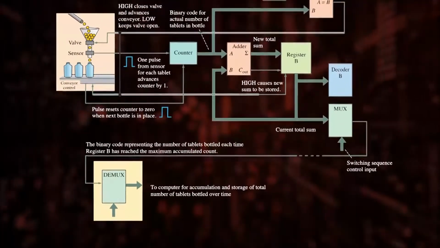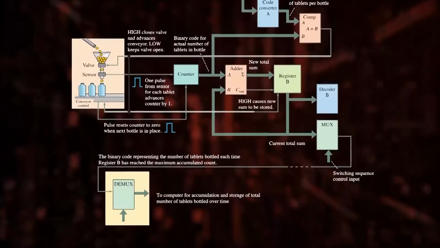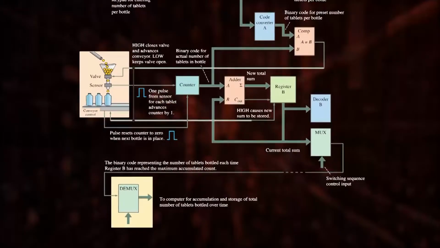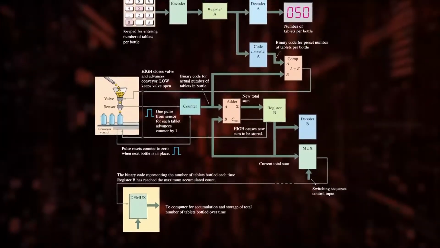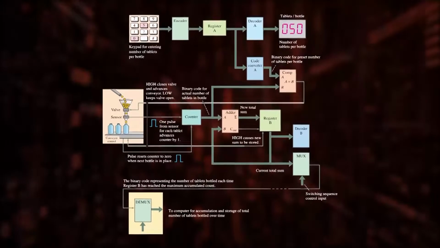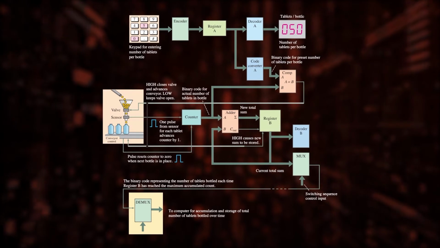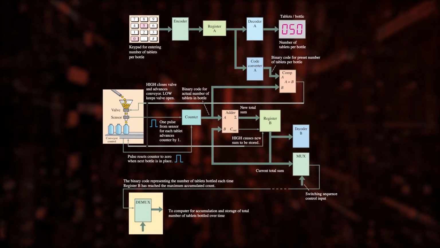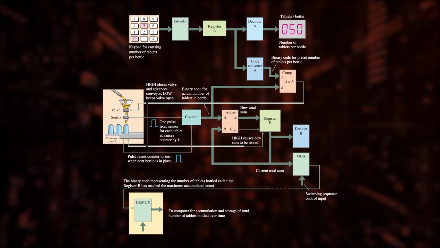What is the function of a demultiplexer? It switches digital data from one input line to several output lines. Here it converts serial data to parallel binary bits. This can be stored on a storage medium. Thus, the total number of tablets filled in the bottles is stored on the computer.